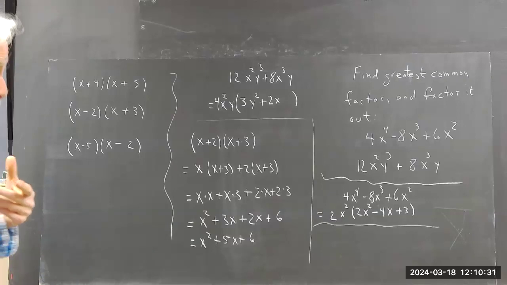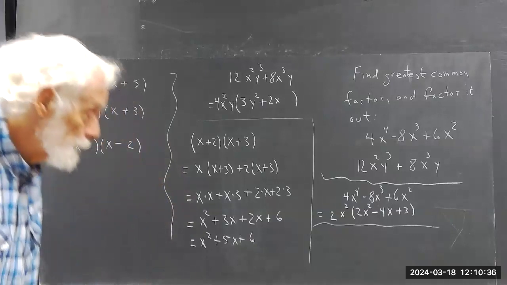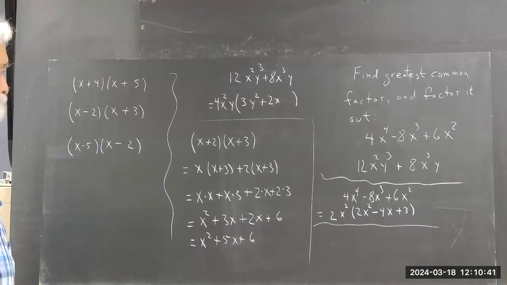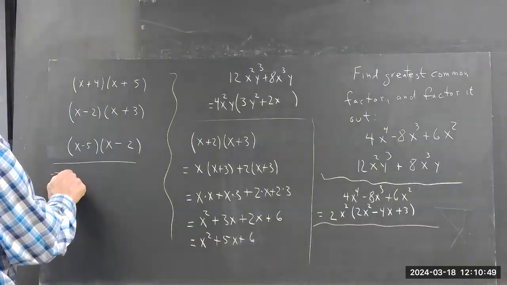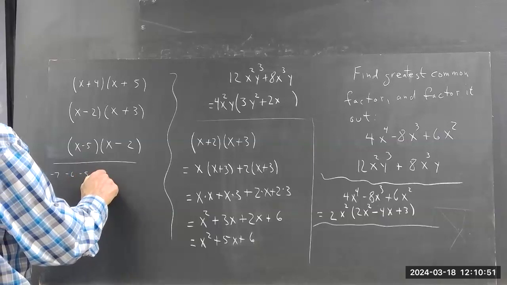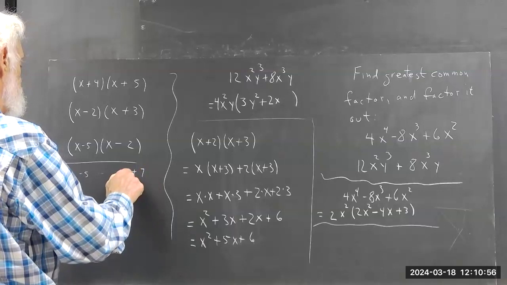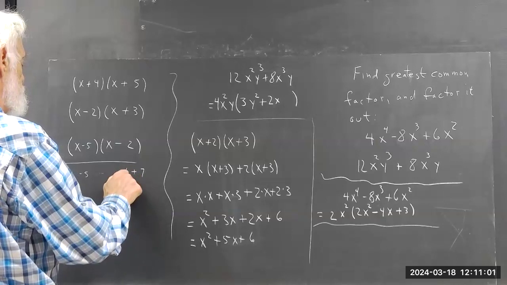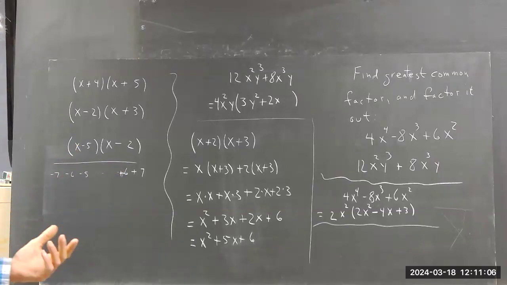So I'm going to just recommend this to you, that you write down the numbers from -7 to 7, okay?